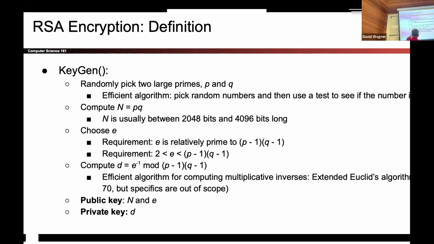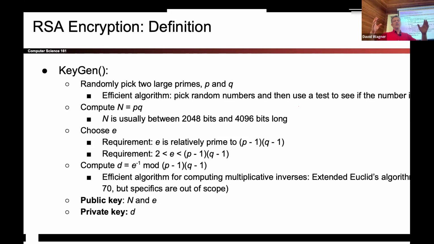And then Alice is going to compute the number d, which is the multiplicative inverse of e. It's like 1 over e. It's like if you wanted to divide by e, it's the number you would multiply by. Modulo this number, p minus 1 times q minus 1. And in CS70, I think you saw the extended Euclidean algorithm, which can be used to compute a modular inverse. So there's an efficient algorithm for that, which Alice can use to figure out the value of d.